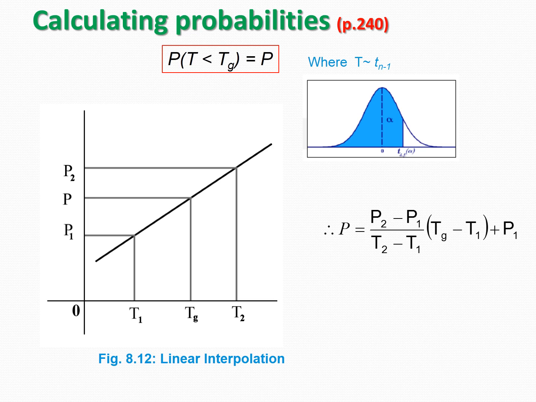If that critical value is found directly in our table, we can just read off the probability. But if it's not found directly in our table, it means that that critical value will lie between two t values, t1 and t2 in our table, and that means consequently that our probability will always also lie between two probability values p1 and p2. So then you need to use this interpolation formula to calculate your probability.